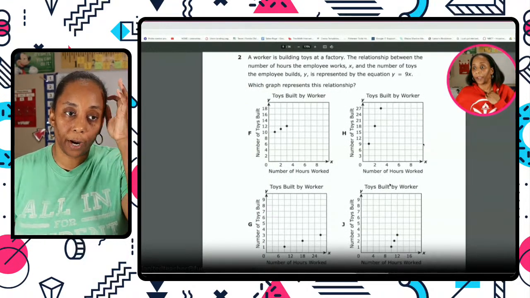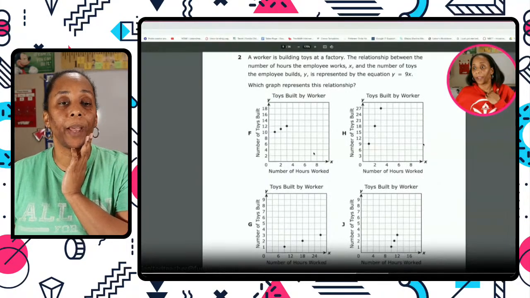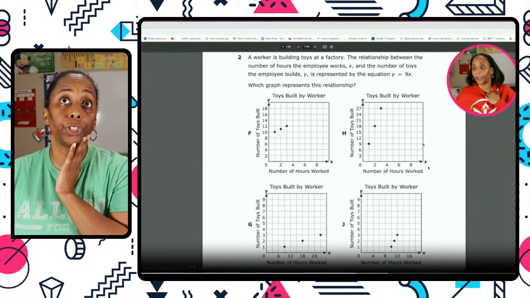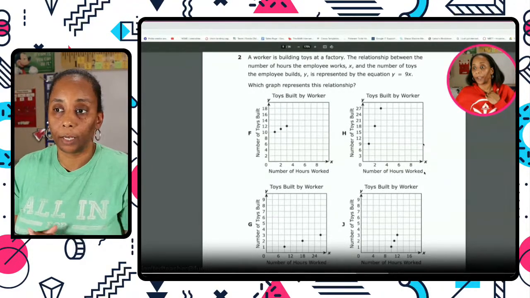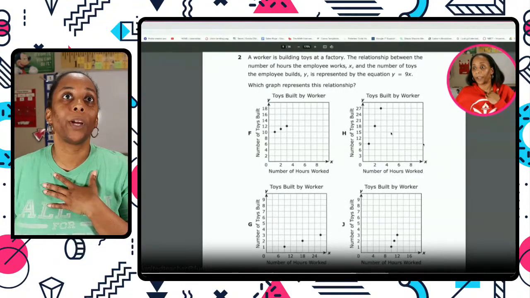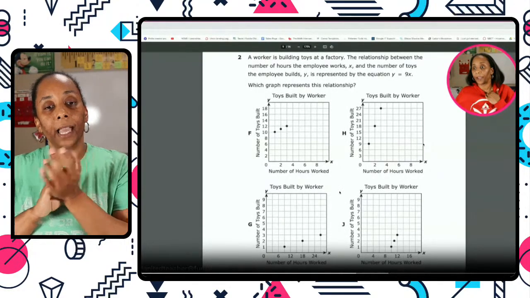This one is a fifth grade multiplicative patterns problem. And the student should be able to take what the teacher has taught and tell the difference between these graphs. If they cannot, then that is an issue.